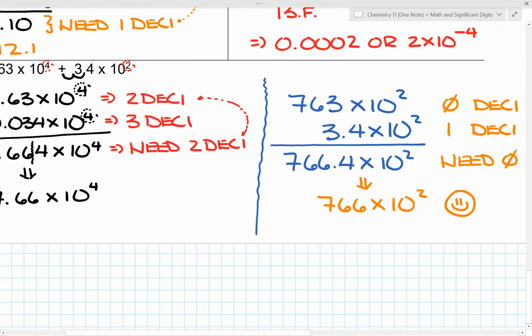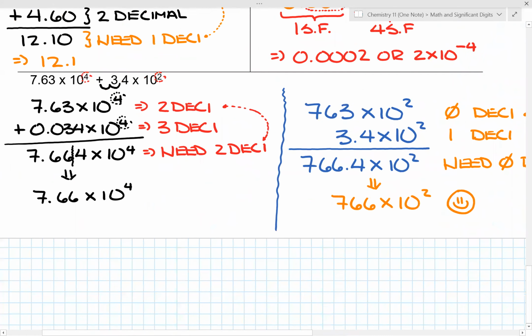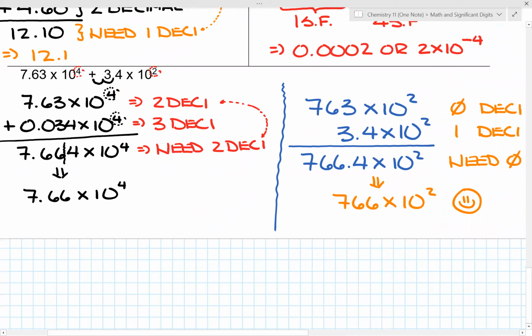Now, some of you might say, well, then, Mr. Chan, how do you get 7.66 times 10 to the 4 as we did in the first half of this example? Well, we move the decimal place, 1, 2, oopsie. And so what we get is 7.66 times 10 to the 4.